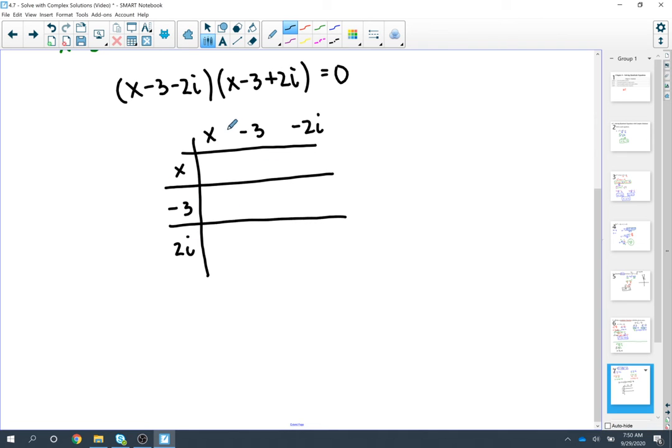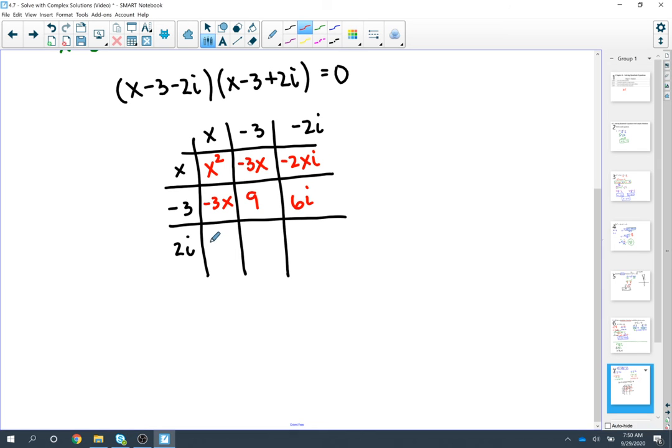These get confusing, especially with all those i's. X times x is x squared. Negative 3 times x is negative 3x. Negative 2i times x, negative 2xi. Moving down, negative 3x, positive 9, positive 6i.